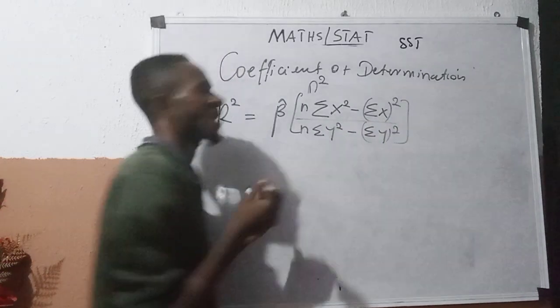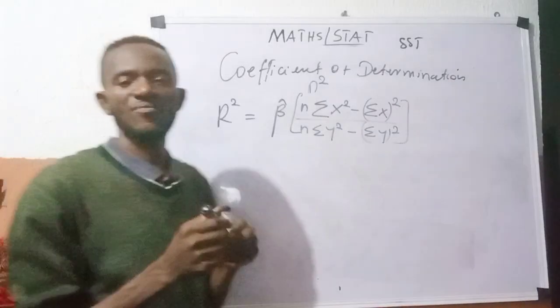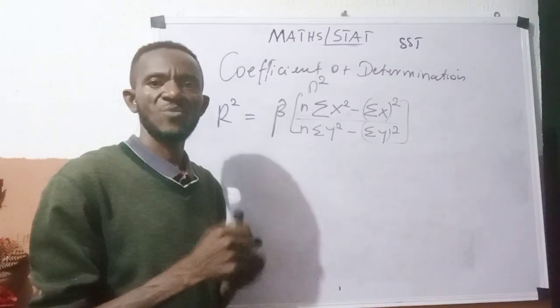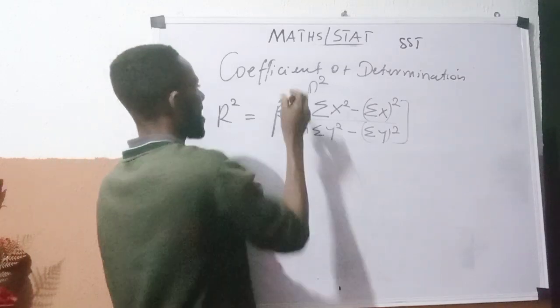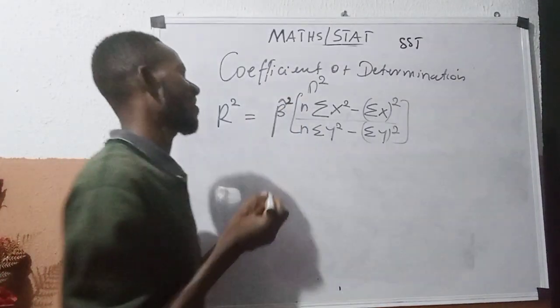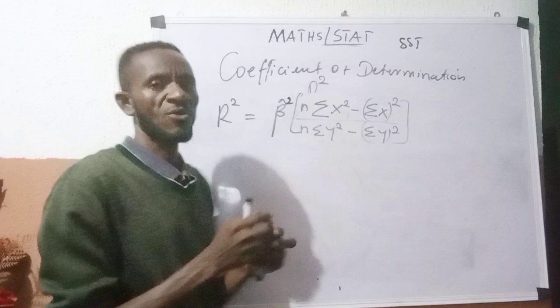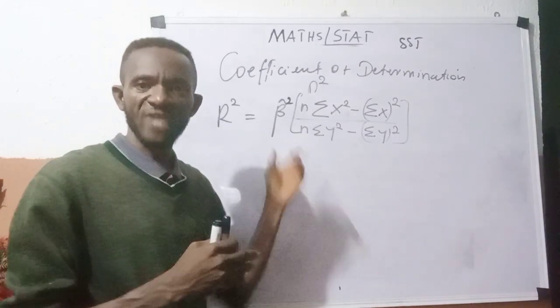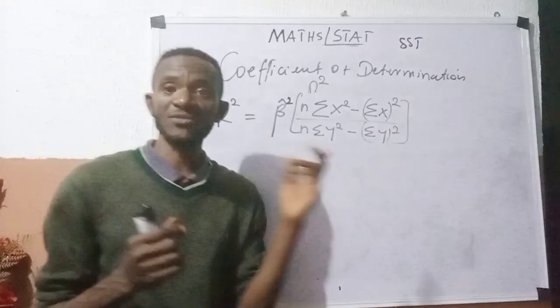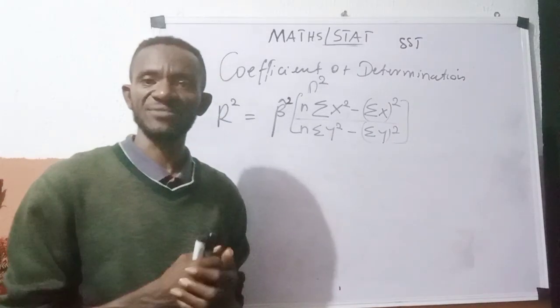We close this bracket here. Okay? So I think this beta, I'll cross-check, is either squared. I think so, but I'll cross-check it. So that is what we call coefficient of determination.